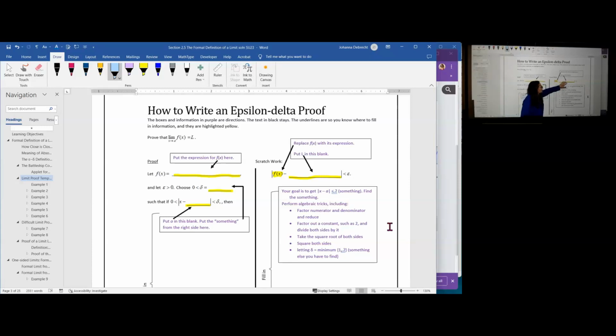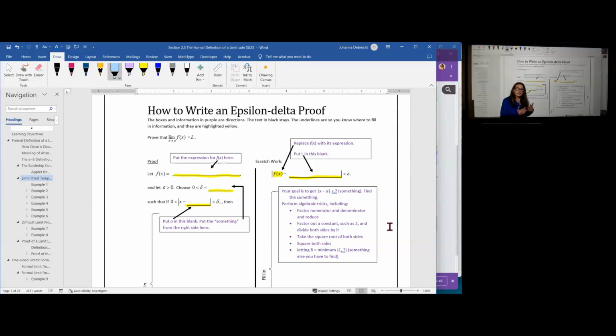Then I do some arithmetic or algebra on what's inside of this absolute value. I might factor it if it's a fraction and try to reduce it. I might factor out a constant. I might take the square root of both sides. I might square both sides.